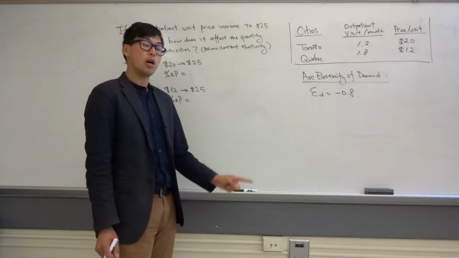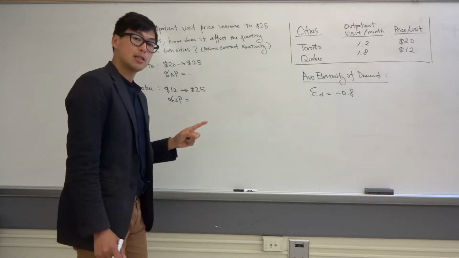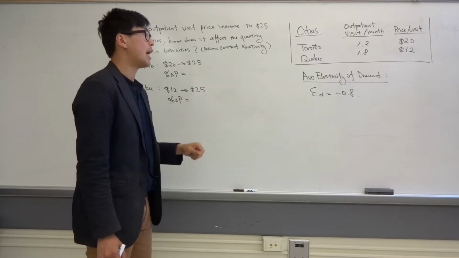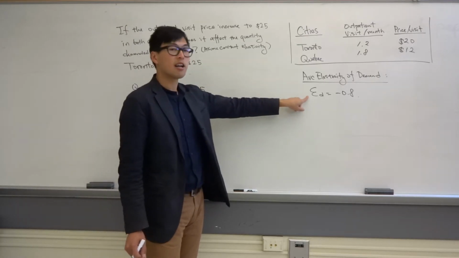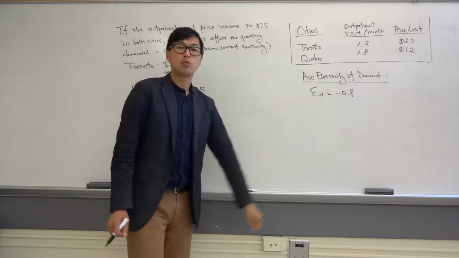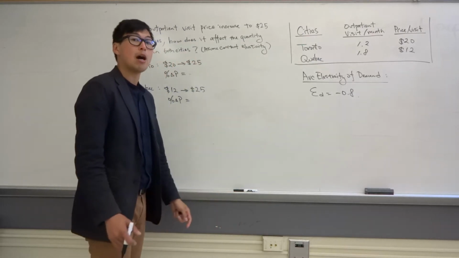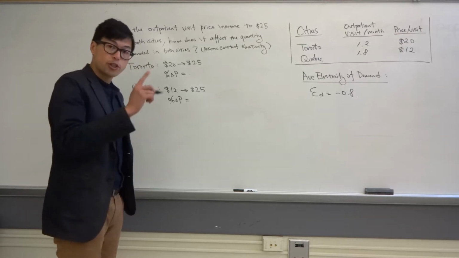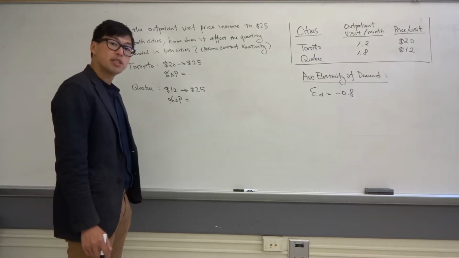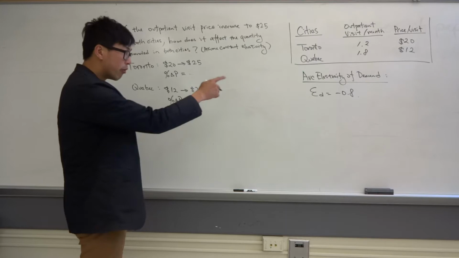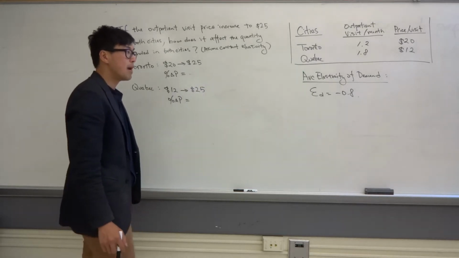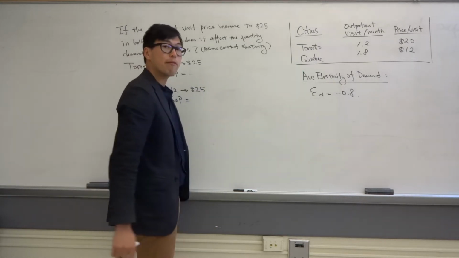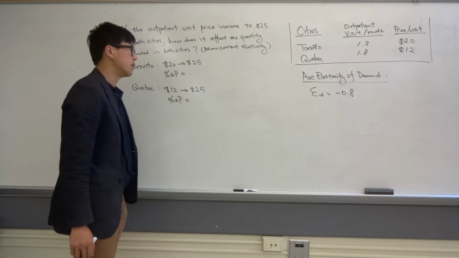That means we are assuming the elasticity of demand in both cities remains negative 0.8, regardless of how much the price is and how much service they are using. So the first step is to calculate the percentage change in price, because we already have this elasticity of demand to tell us how much it will affect the quantity demanded of the service.